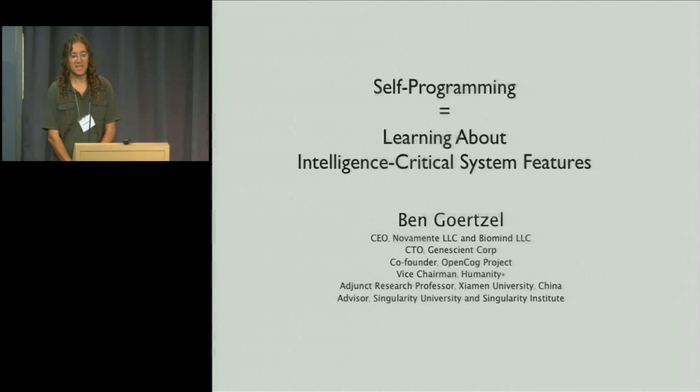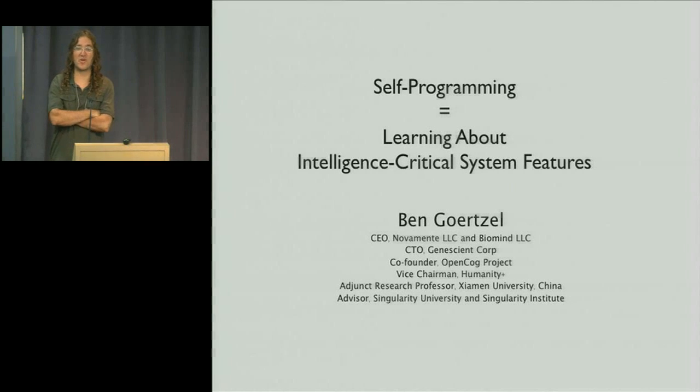Then in the paper associated with this talk, I went through some effort to kind of mathematically formalize what that means. What is an intelligence-critical system feature? So after briefly presenting that, then I'll address the question of, is there something fundamentally different about learning about intelligence-critical system features versus learning about anything else? And that really depends on your AGI architecture. I think in OpenCog, there isn't really a profound difference there.